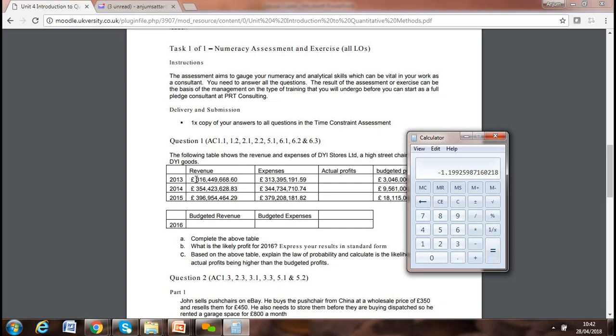So what I can do now, we know 2015. Same figure, whatever this answers on your calculator, times by 396,954,46.29.